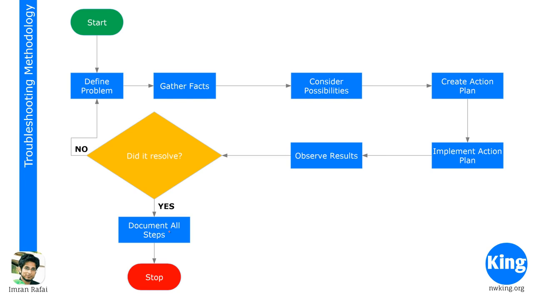You can quickly go back to your Saturday's logs or documents and see what you did last. You find that you made some changes, and you can assume that maybe the problem was because of that. So you try to analyze that, and you put that in your gathering facts, and you say, this is what I did on a Saturday, and it comes in your facts gathering stage, right?